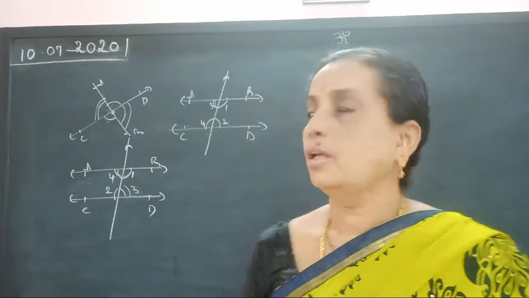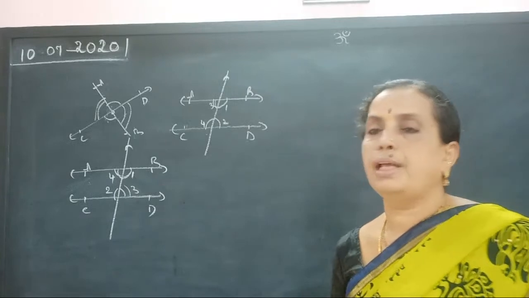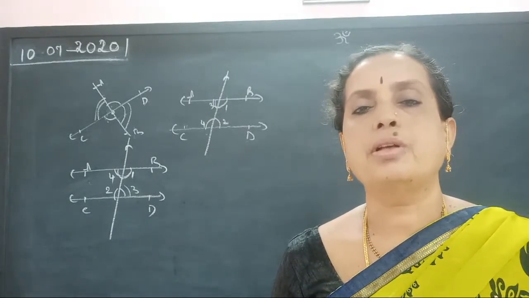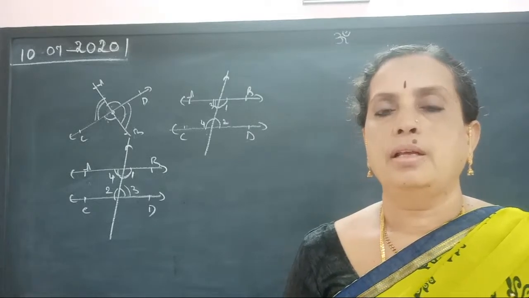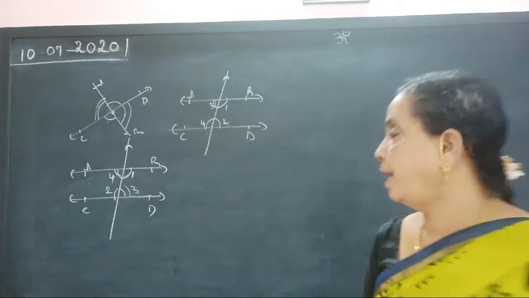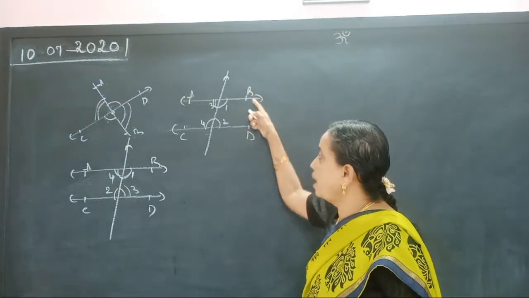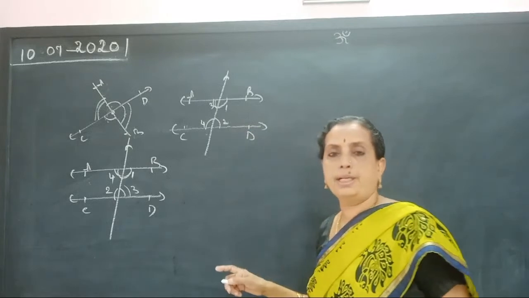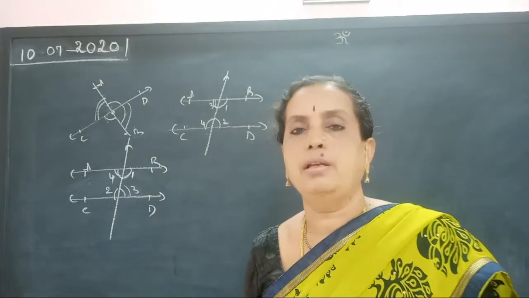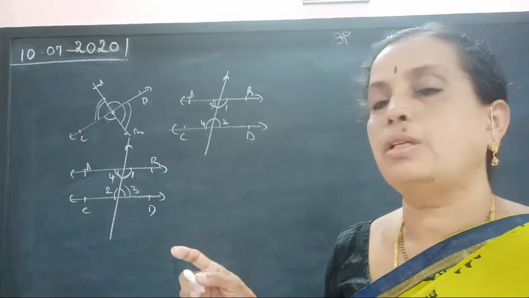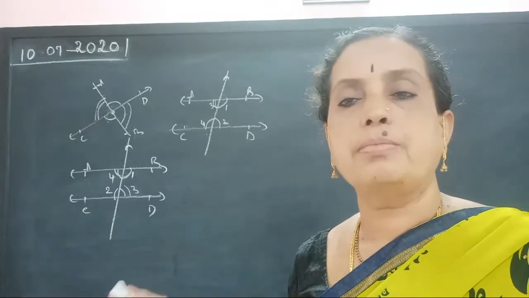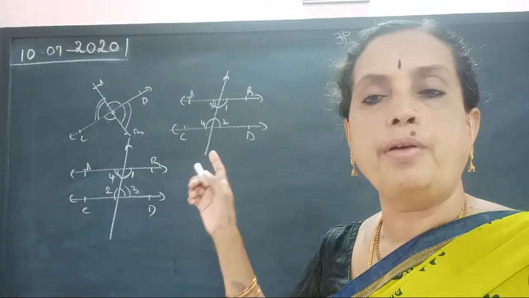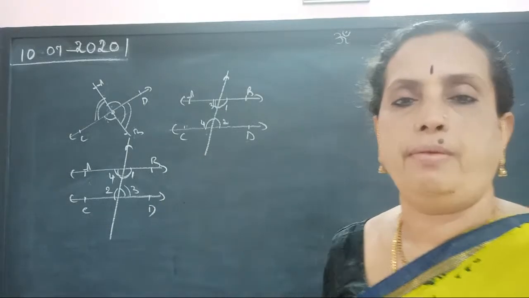Its converse: if the sum of co-interior angles is supplementary, then the lines are parallel. That is, if AB parallel to CD, 1 plus 2 equals 180 degrees. Conversely, if 1 plus 2 equals 180 degrees, the lines must be parallel. So this is theorem 6.4 and 6.5.